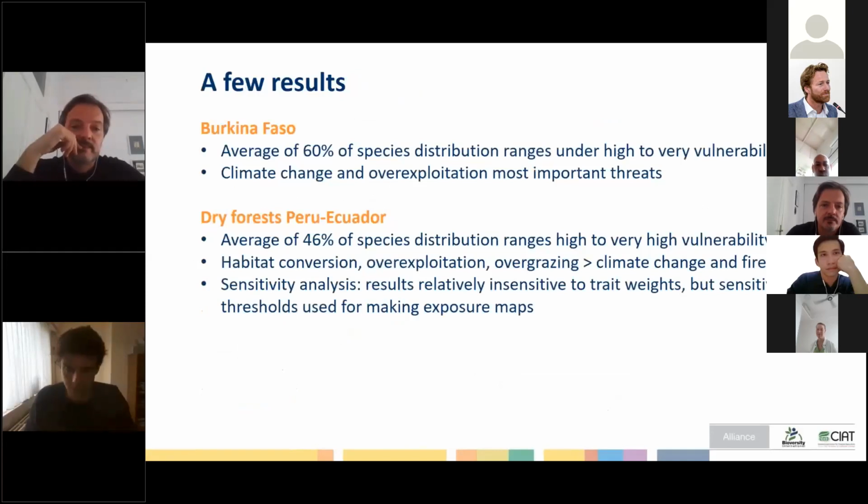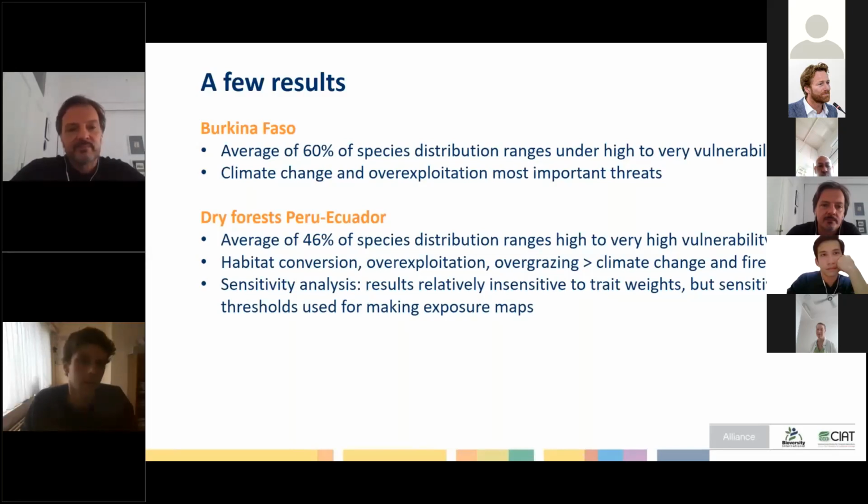Then these vulnerability maps can be analyzed in many different ways, but very shortly, a few main results of these two studies. So in Burkina Faso, Hannes et al. found on average 60% of the species distribution ranges were under high to very high vulnerability towards at least one of the threats, while in Peru and Ecuador this was only 46%, which is still a high percentage, of course.